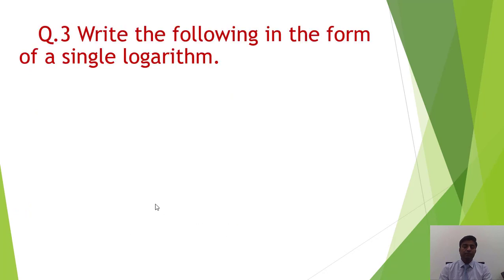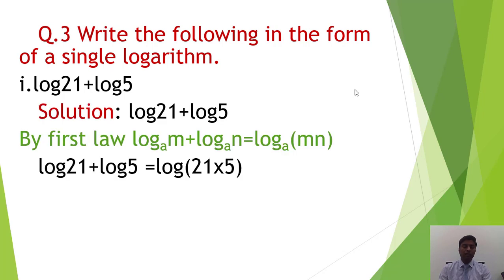Question number 3. Write the following in the form of a single logarithm. Part 1. Log 21 plus log 5. Solution: log 21 plus log 5 by first law, log m to the base a plus log n to the base a is equal to log mn to the base a.